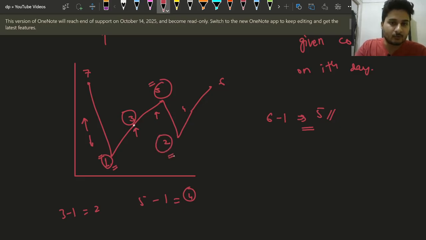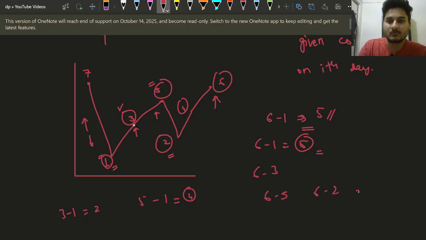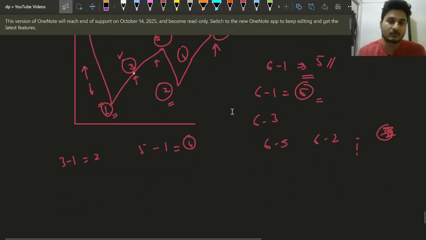Then we'll check for 2. So 2 minus 1 is 1, 4 minus 1 is 3, and 6 minus 1 is 5. We'll track that. Now once you have reached here, you will check from here: 6 minus 3, 6 minus 5, 6 minus 2, and so on. So this is a greedy approach to solve this problem.